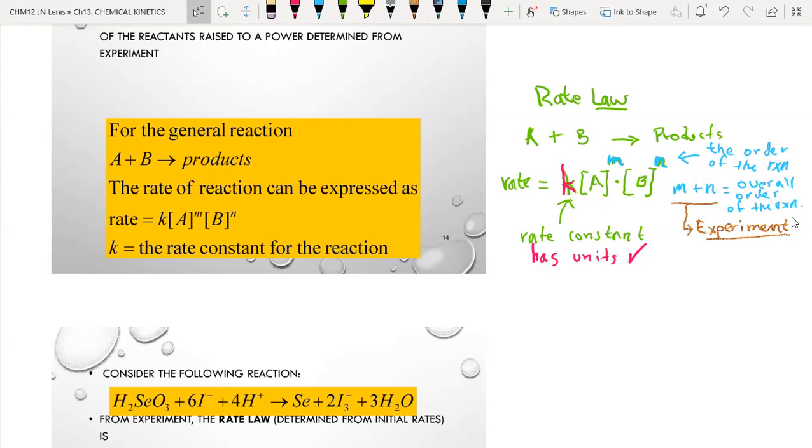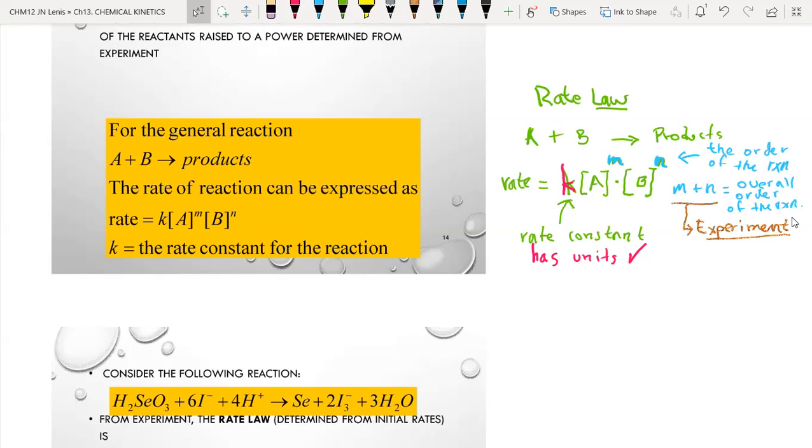In a couple of weeks, maybe next week, we'll show you the demonstration of the kinetics experiment where you will need to find the order of the reaction experimentally.